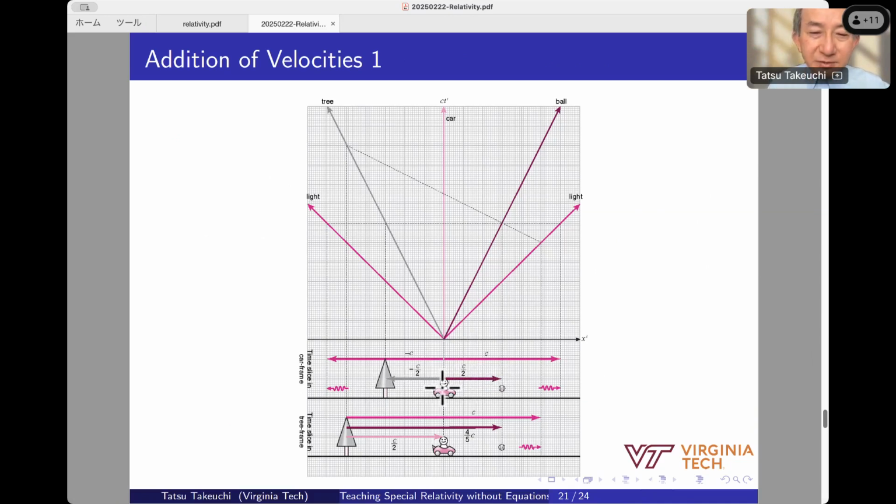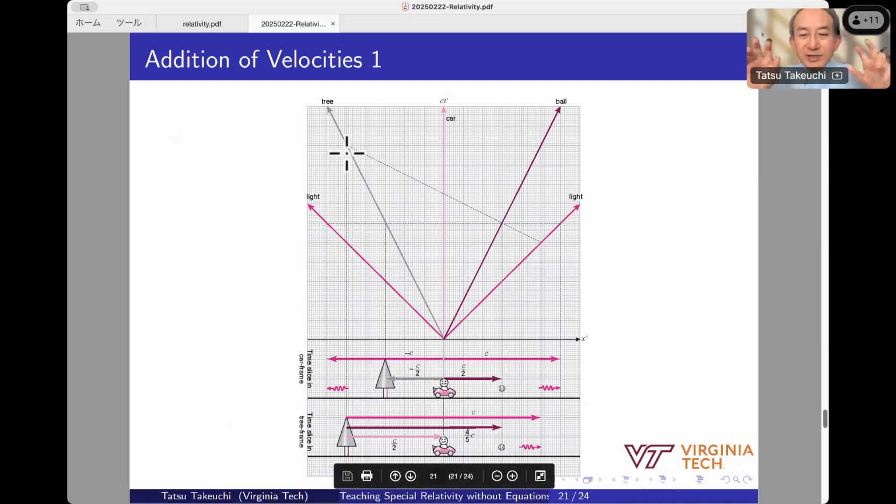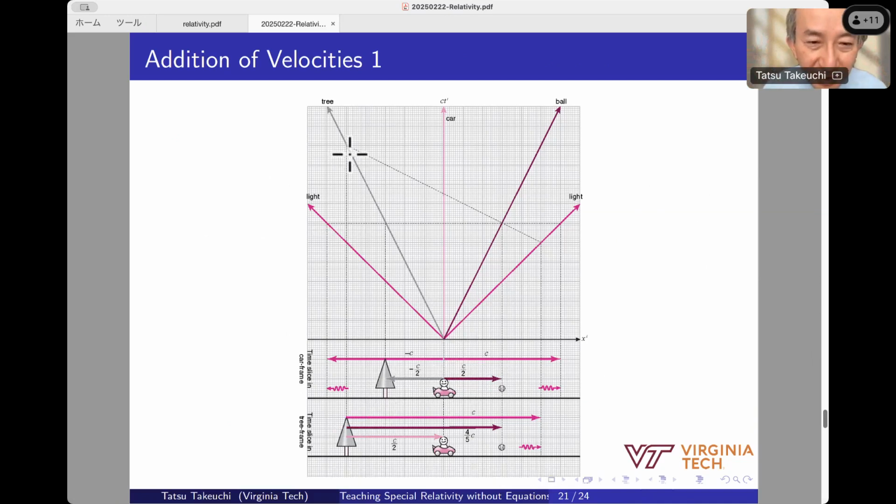But if you look at the same situation from the tree frame, the points that are at the same time will be different. When the tree is at this point, the points that are at the same time as this point are the points lying along this line. So in the tree frame, when the tree is here, the car is here, the ball is here, and the light pulse is here.